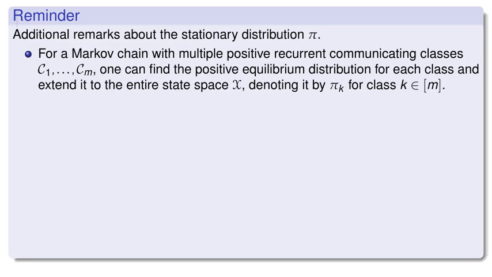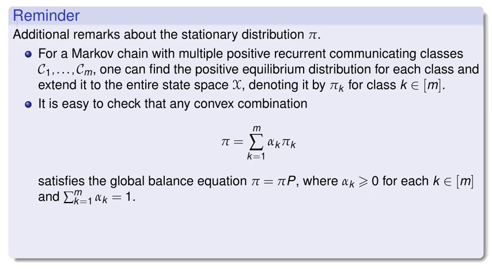Let's denote this by pi sub k for class k, where k ranges from 1 to m. It is straightforward to check that any convex combination of these, say pi equals the sum from k equals 1 to m of alpha k times pi k, will also satisfy the global balance equation pi equals pi P. Here, alpha k must be non-negative for each k from 1 to m, and the sum of all alpha k must equal 1.